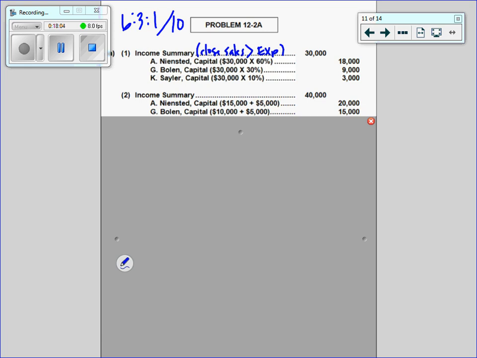Bolin got a salary allowance of 10 grand. And then we calculated that each partner gets $15,000 divided equally to land at the 5. So I just wanted you to see that it was 15, the salary allowance plus whatever was remaining. So our poor Saylor had $0 for salary, but she still got 5,000 of that equal split.